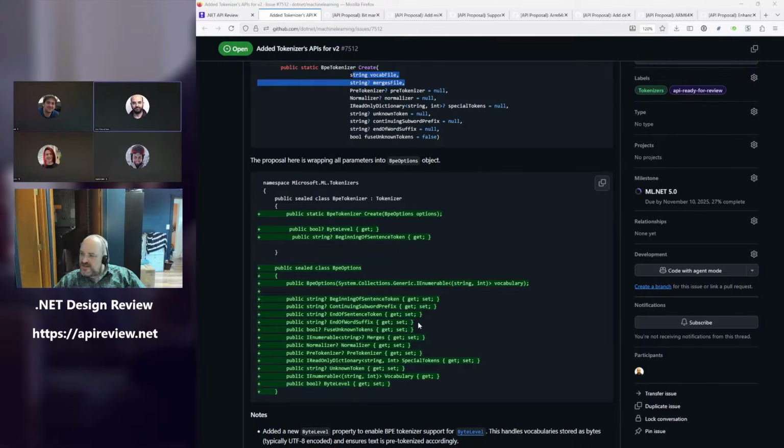Imagine the regular vocabularies can be provided as regular strings, which we read as UTF-16. At that time, the vocab has to include every single term that the tokenizer can understand.